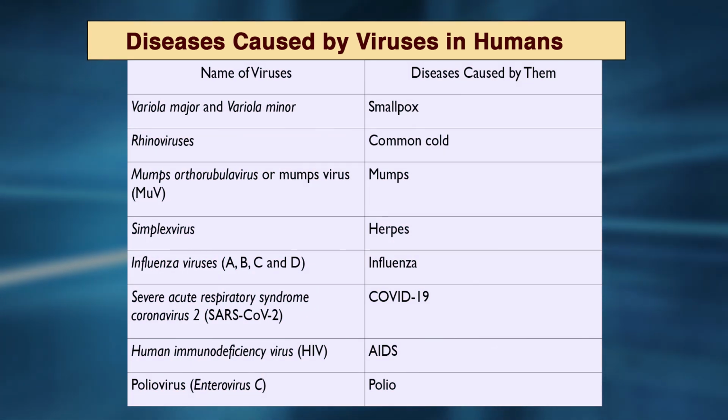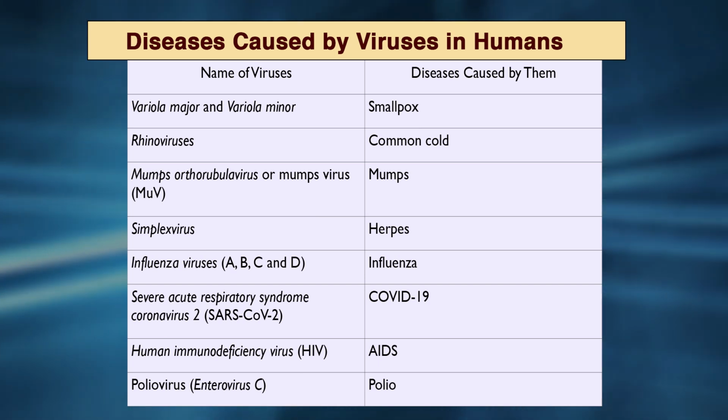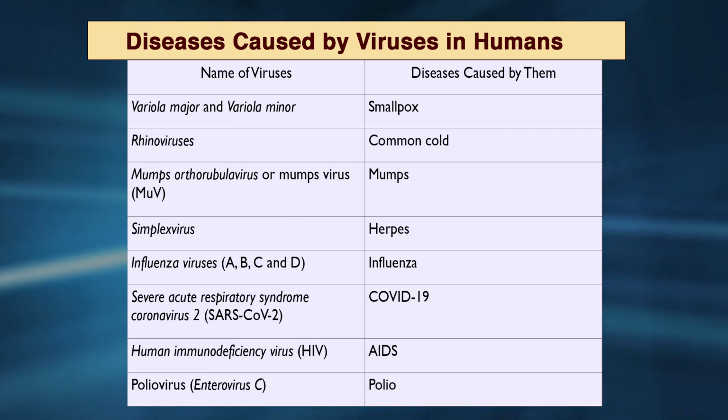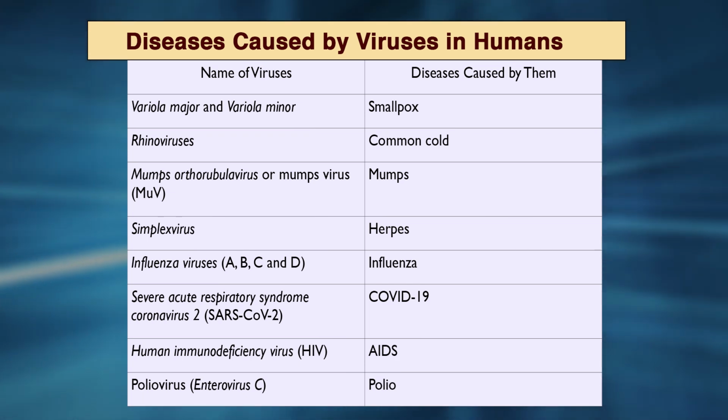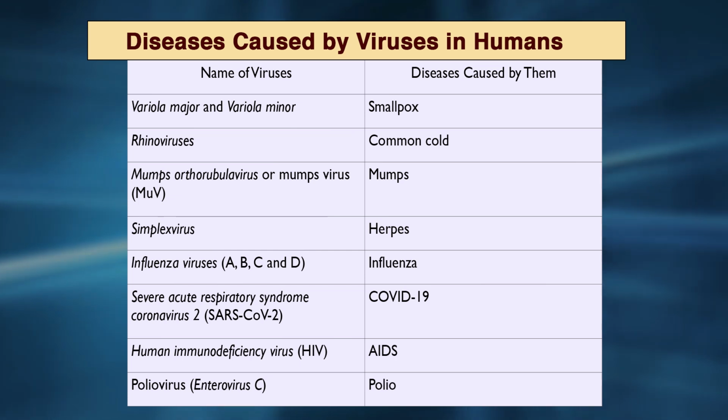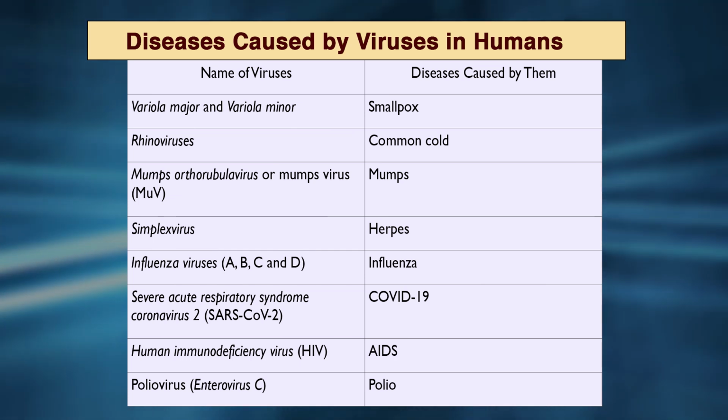The names of the viruses and the diseases caused by them are given below. Variola minor and Variola major cause smallpox. Rhinoviruses cause the common cold. Mumps virus causes mumps. Herpes simplex viruses cause herpes.